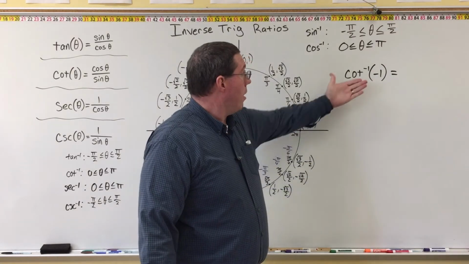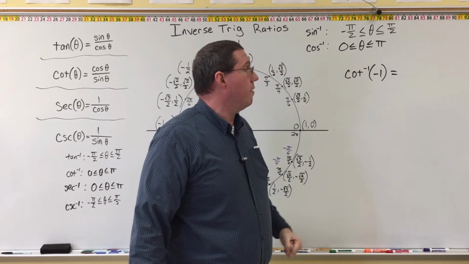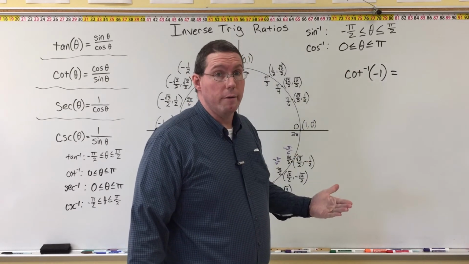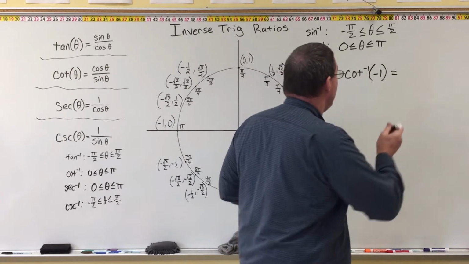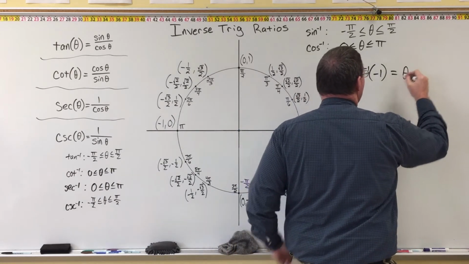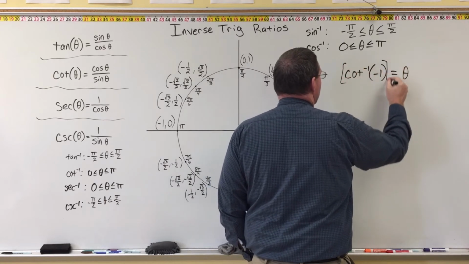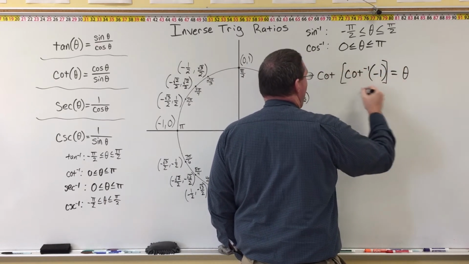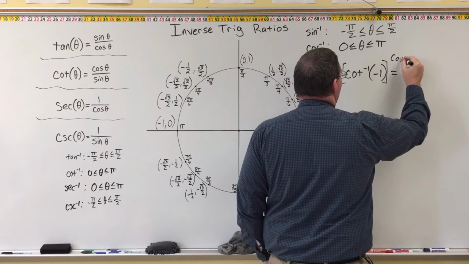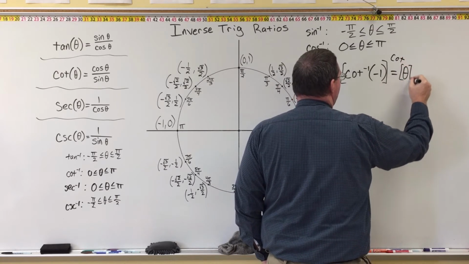All right, so let's try and identify cotangent inverse of negative 1, okay? So again, we're going to put in a theta here, okay? Then to cancel the cotangent inverse, we are going to do cotangent of both sides. So cotangent of the left, cotangent of the right.